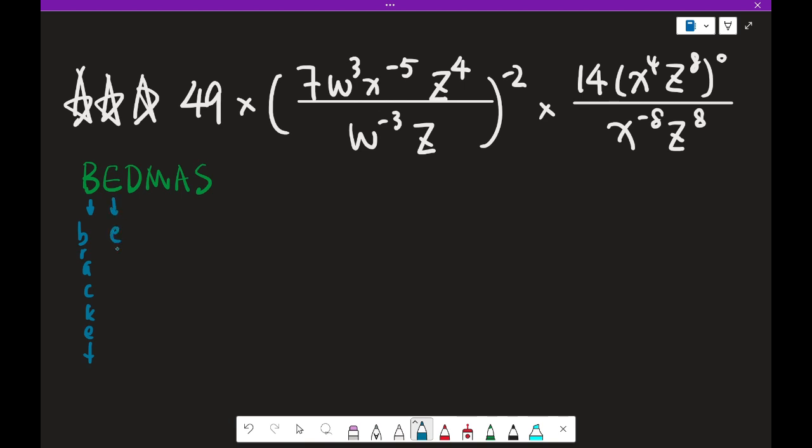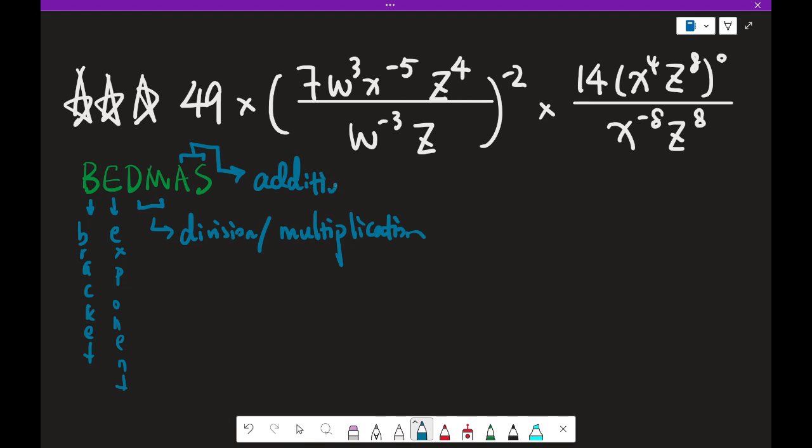E is exponent. D and M have the same priority, which is division and multiplication. And last but not least, A and S also have the same priority, addition and subtraction.